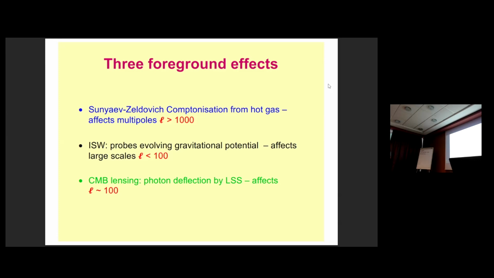There's microwave background lensing, foreground structure deflecting the position on the sky of CMB photons. These effects operate on different scales. I won't say much about the first today, it operates at high multipoles. ISW is a very large-scale effect, and gravitational lensing is intermediate, focusing around multipoles of, say, 100.